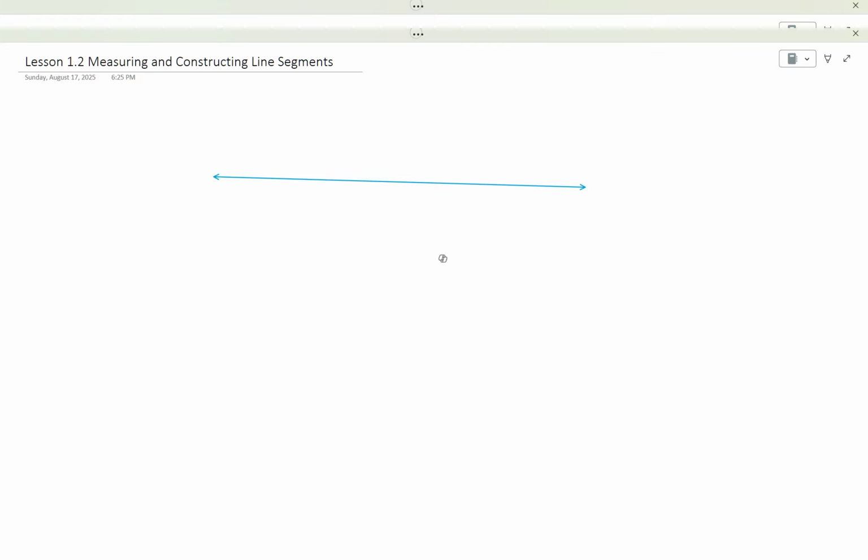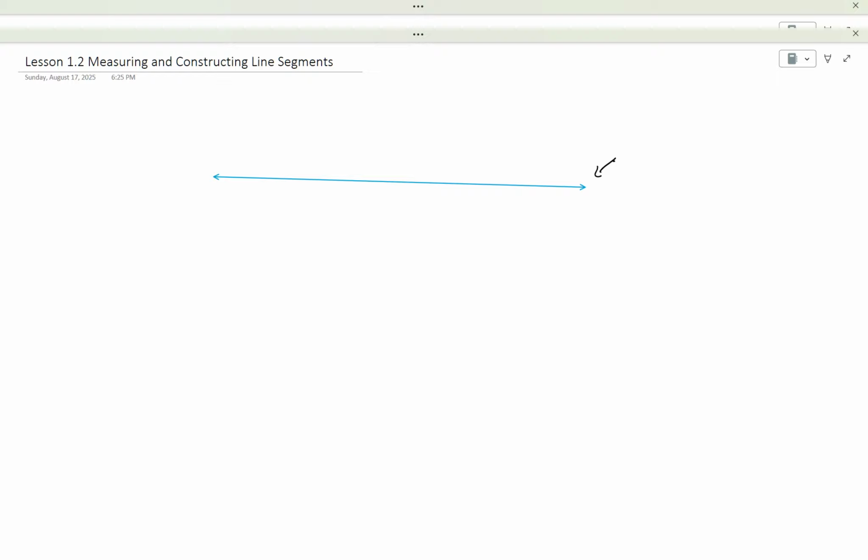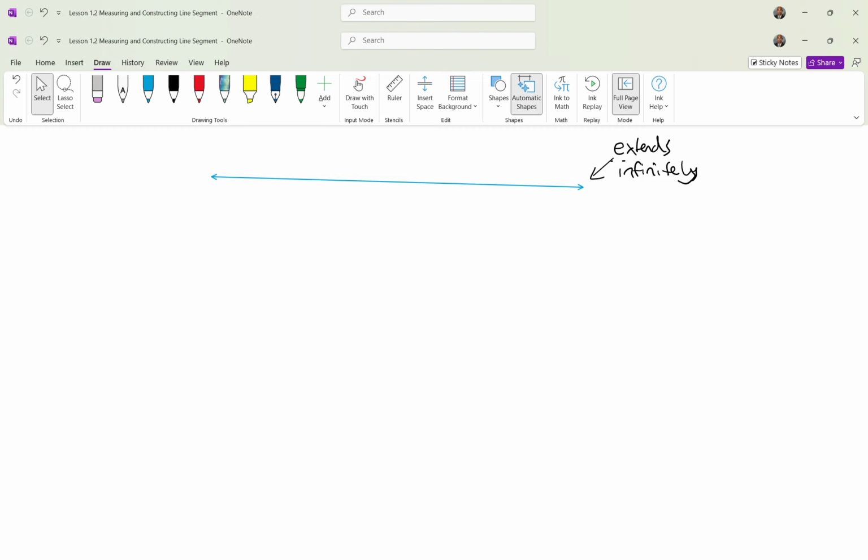So make sure that I'm going to change my colors here. Just kind of working with it. Infinitely. One of the things I think is a feature here is to get this within my text. See automatic shapes.